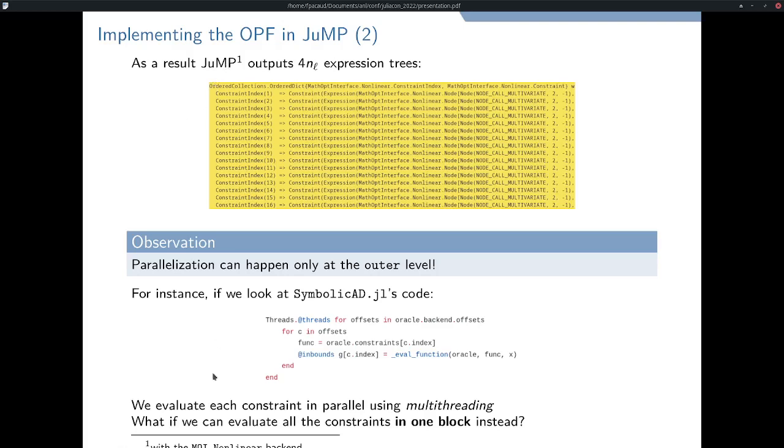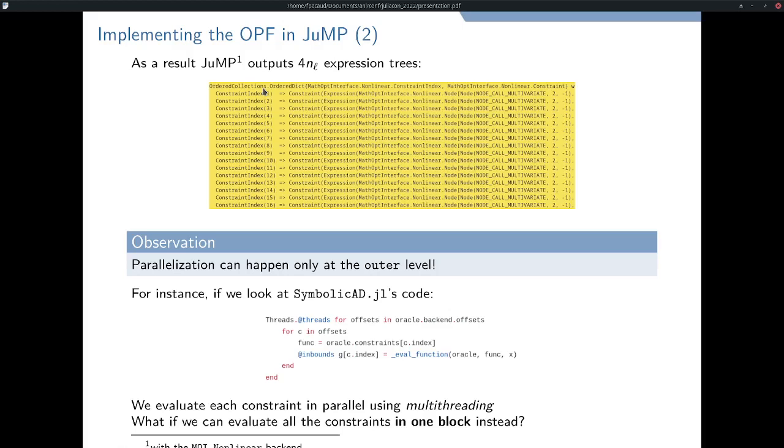If we use the recently developed MathOptInterface nonlinear backend, JuMP will output the following 4 times NL expression trees. For each constraint, each nonlinear branch flow in the network, we get an expression tree. So that means we get, for instance, in this network 34 expression trees, and we have to evaluate each one of them.